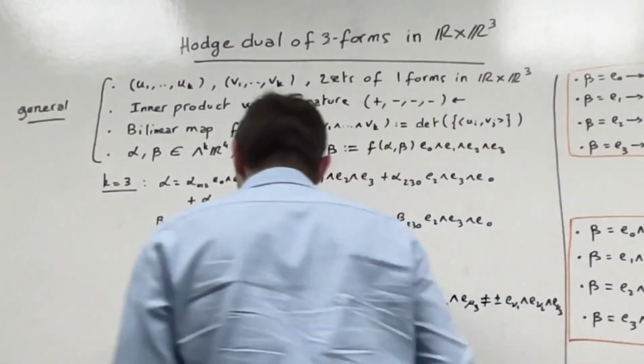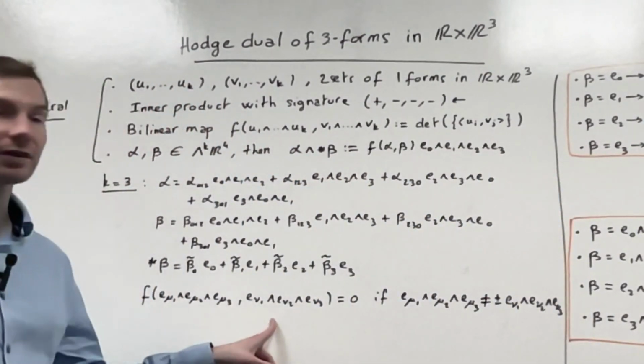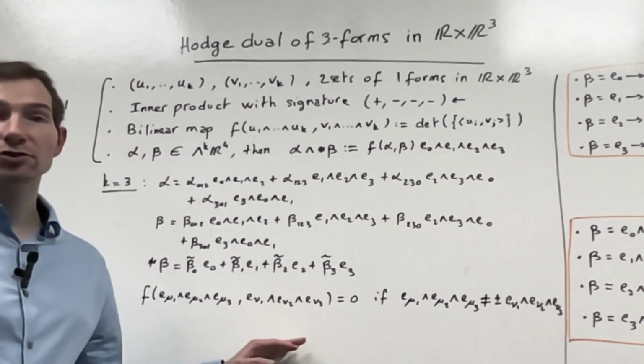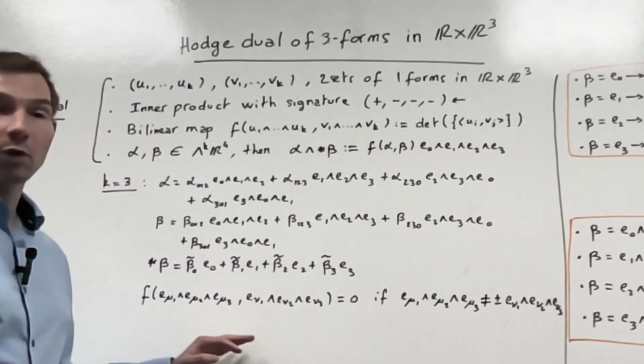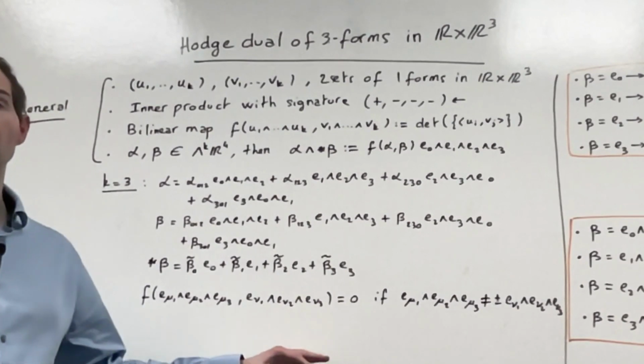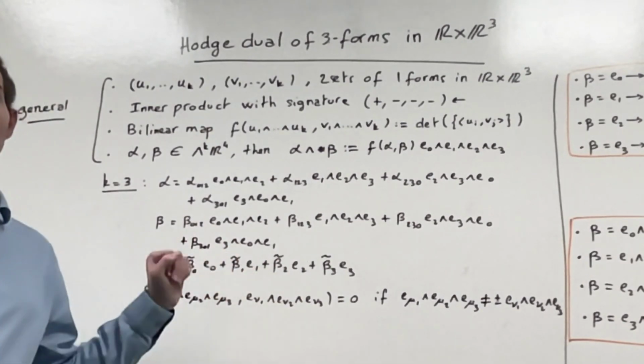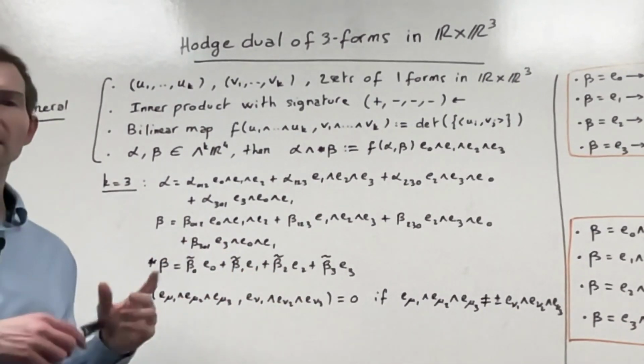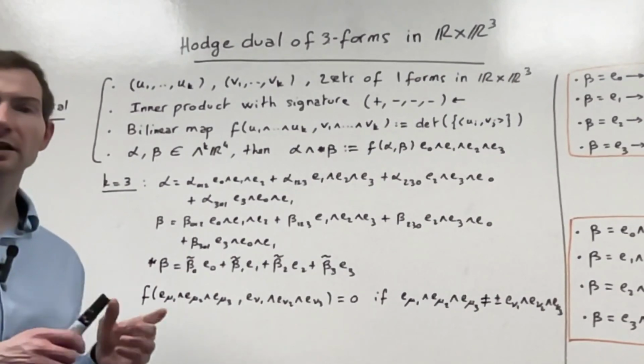Now, the only thing I want to stress here is this particular line. If you managed to watch through the entirety of the video for k equal to 2, then you probably realized it was slightly laborious.